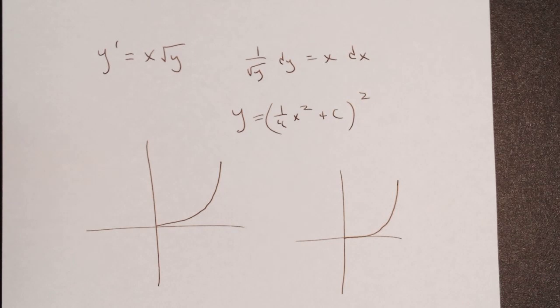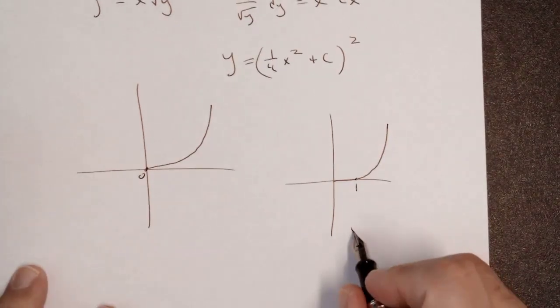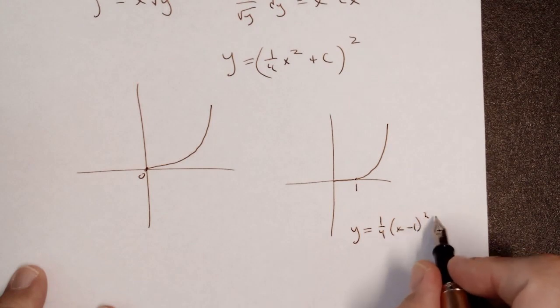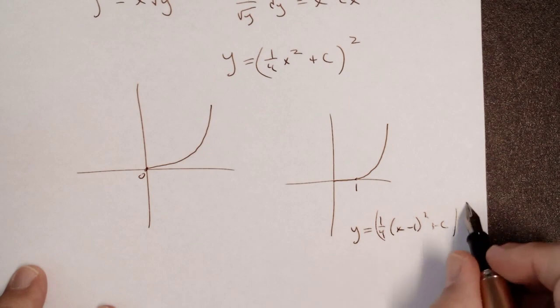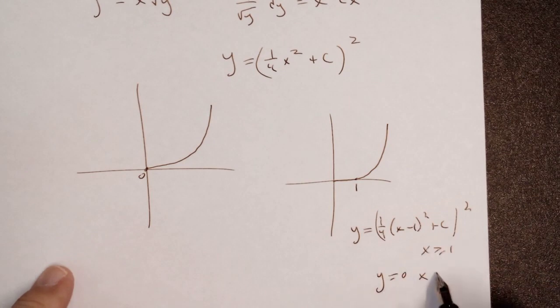so instead of starting it at 0, I start it at 1. That would be the equation y equals 1/4 parentheses x minus 1 squared plus c quantity squared, for x bigger than 1 and y equals 0 for x less than 1.